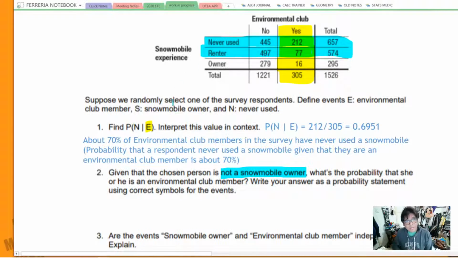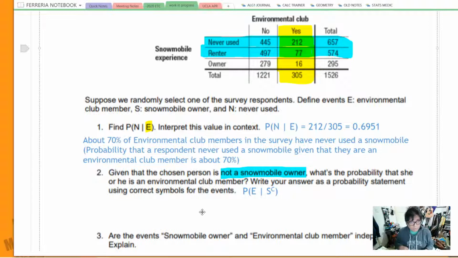Both of those categories together are not a snowmobile owner. Symbolically, we would say the probability of E given S complement. So we're only taking a look at S complement.